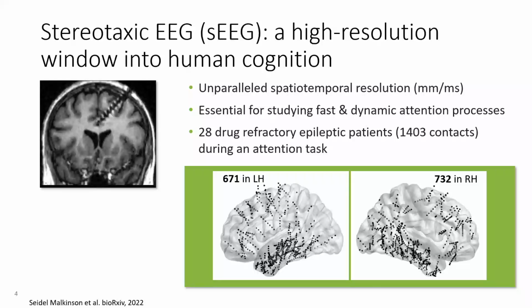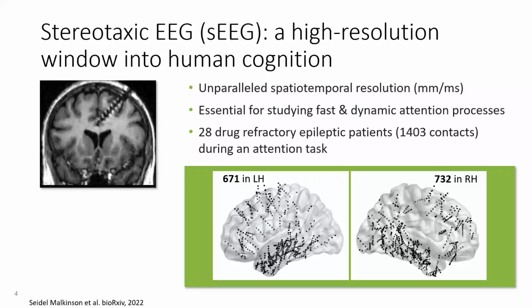These recordings have unparalleled spatiotemporal resolution that is essential for studying fast and dynamic attention processes. Pulling together the contacts from all our patients, we had 1,403 contacts with a very comprehensive coverage of the cortex, 671 in the left hemisphere and 732 in the right hemisphere.